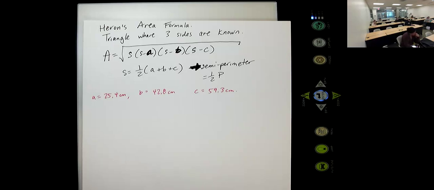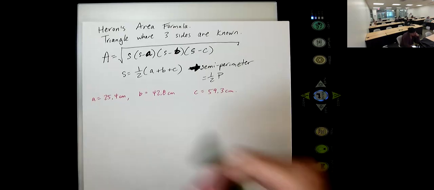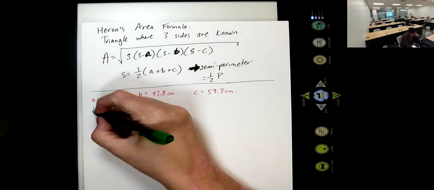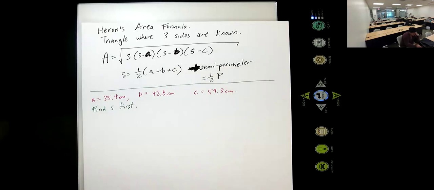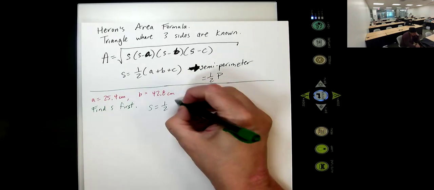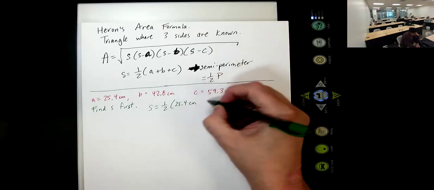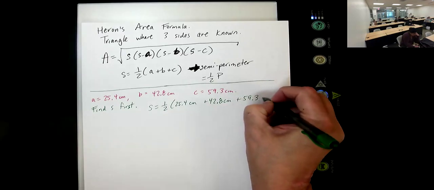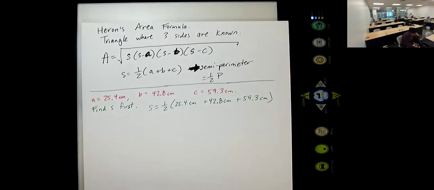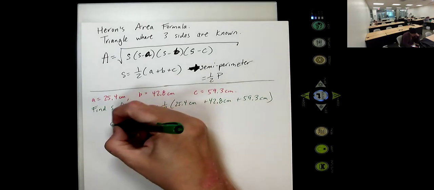S shows up everywhere, so find S first. S equals 1/2 of 25.4 centimeters plus 42.8 centimeters plus 59.3 centimeters. I'm getting S is 63.75.